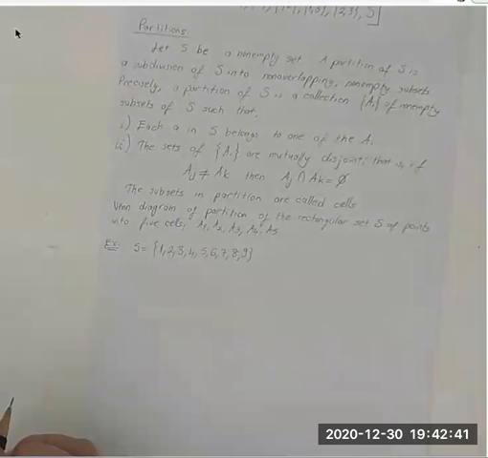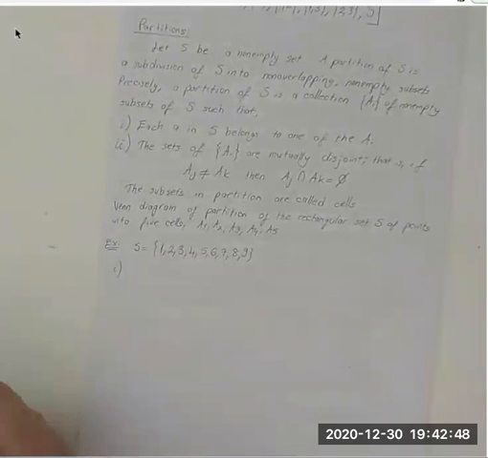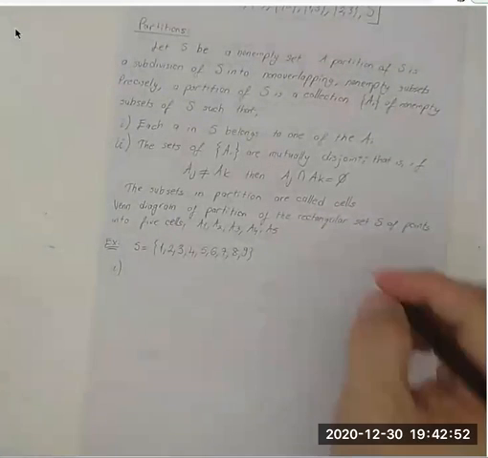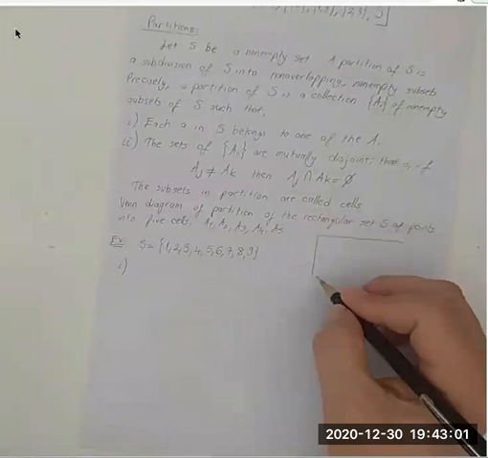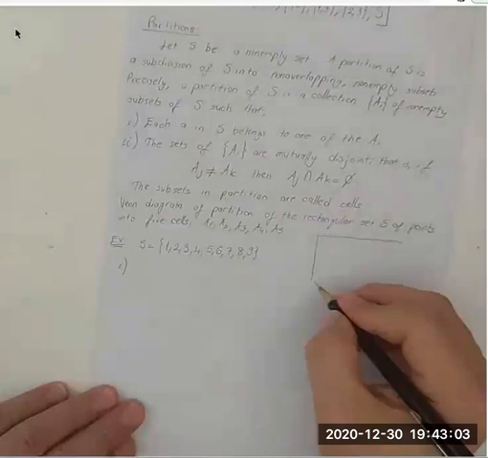Okay, let's look at that example again. There is case 1 with subsets {1, 3, 5}, {2, 6}, and {4, 8, 9}.